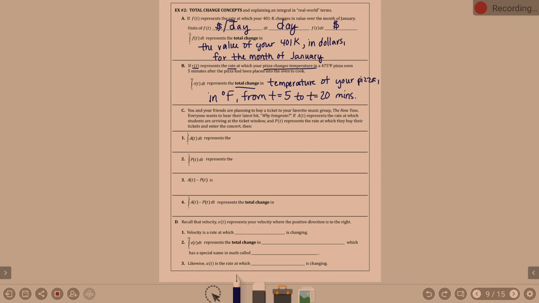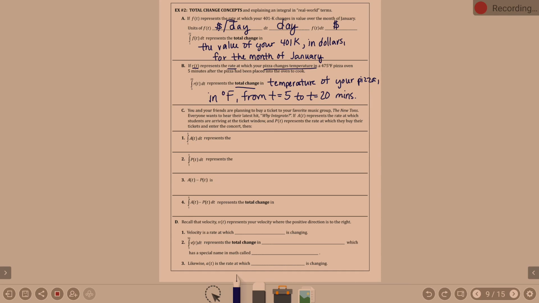Okay. You and your friends are planning to buy a ticket to your favorite music group, the Newtons. Interesting. Everyone wants to hear their latest hit. Why integrate? If A of T represents the rate at which students are arriving at the ticket window, and P of T represents the rate at which they buy their tickets and enter the concert, then.